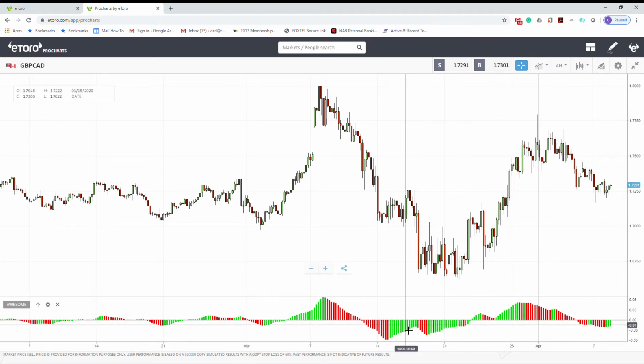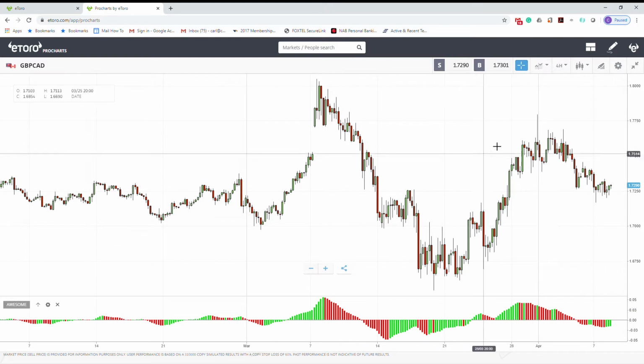This indicator just creates these bars by deducting the midpoints of the 34 period moving average and the 5 period moving average. So I should have said 34 period and 5 period.